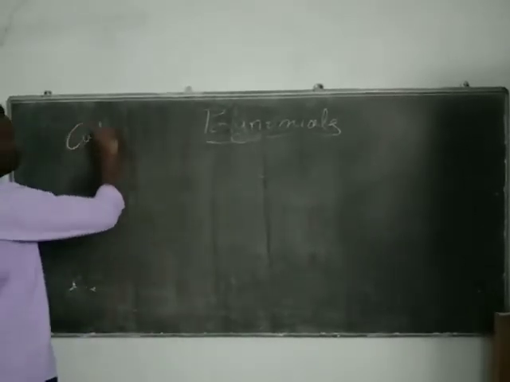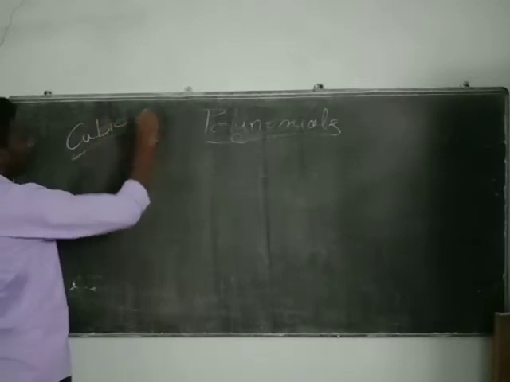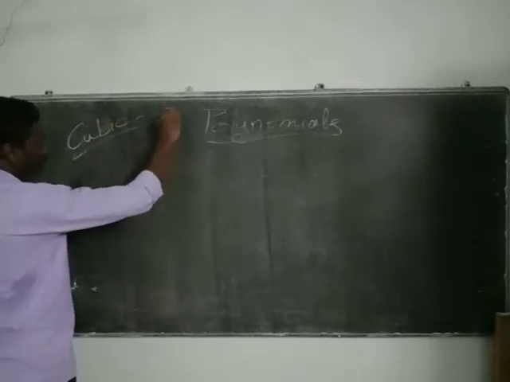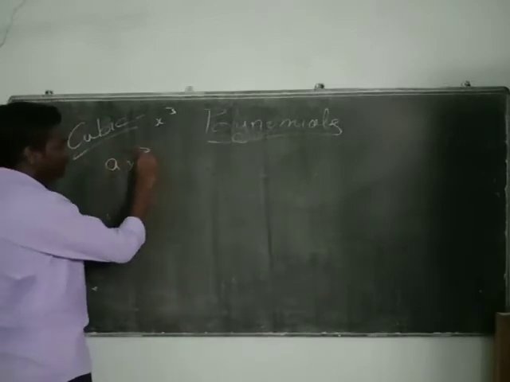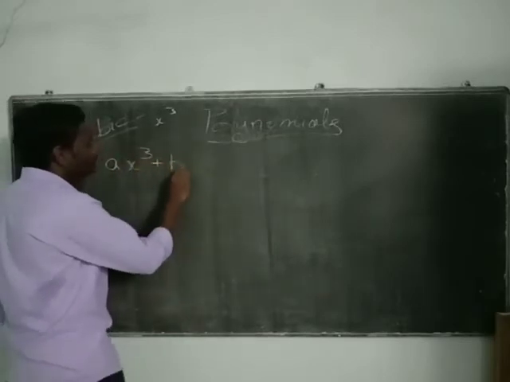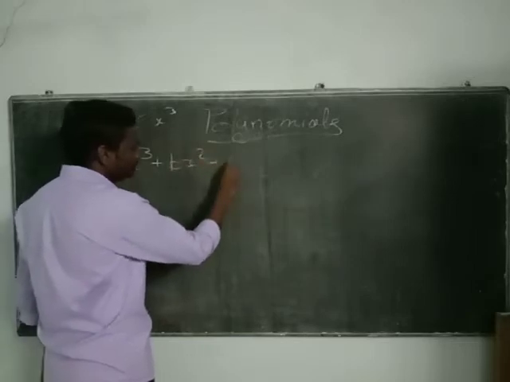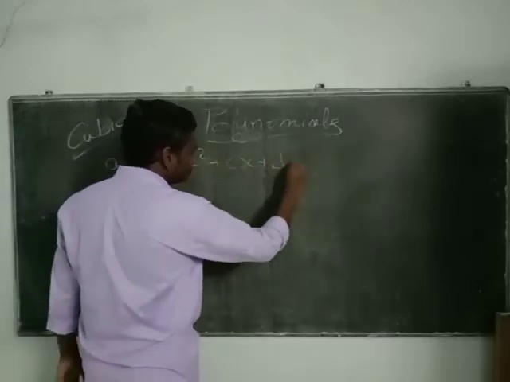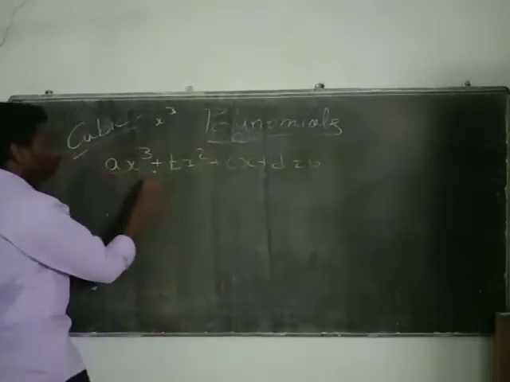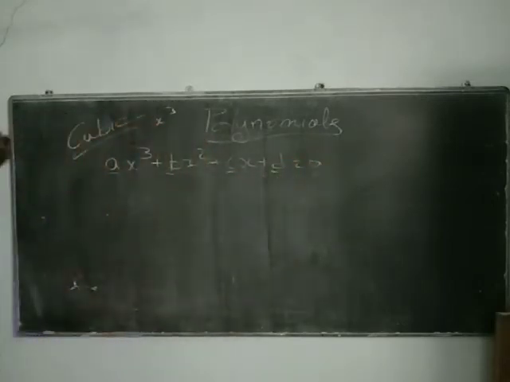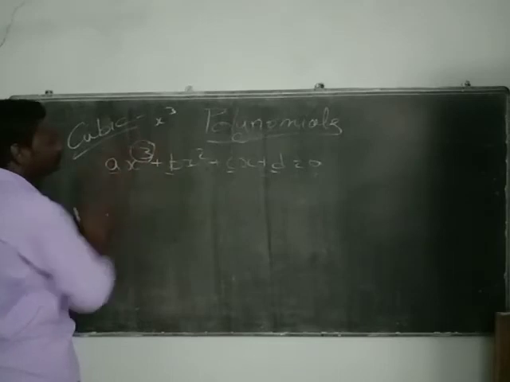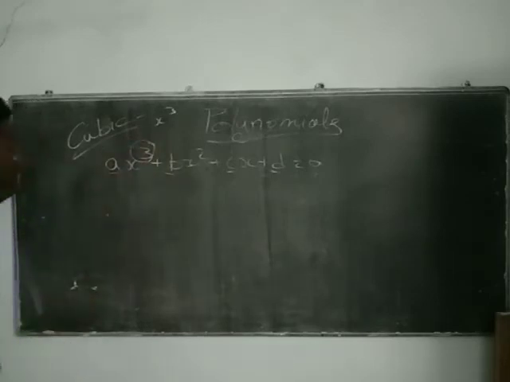Cubic equation is having a power of 3, right? Then the equation will be in the form of ax cube plus bx square plus cx plus d is equal to 0. There will be 4 coefficients. For a cubic equation, there will be 4 coefficients, and the highest degree is 3.